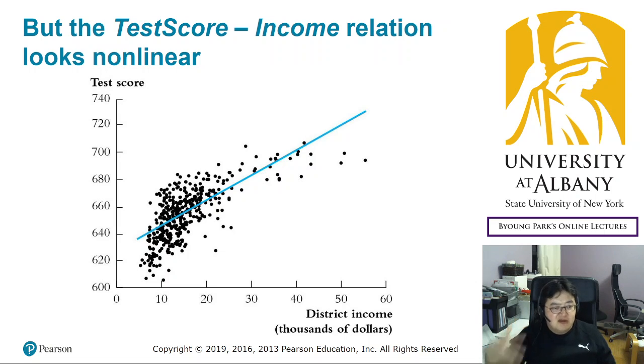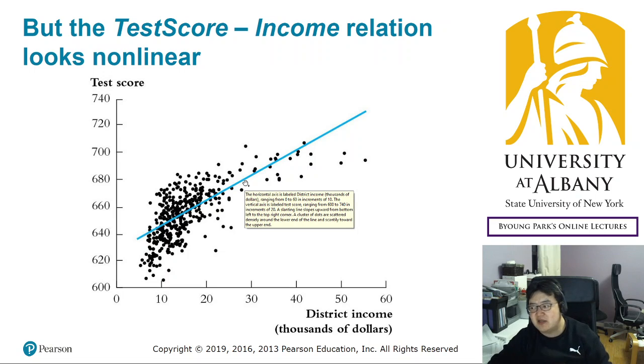Then clearly it means that the slope on the lower income should be steep, but the slope on the affluent households must be flat. So steep and flat. The relationship is not just a straight line. It should be something like this.